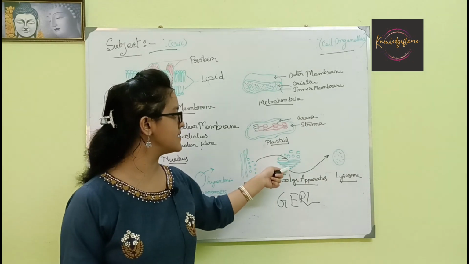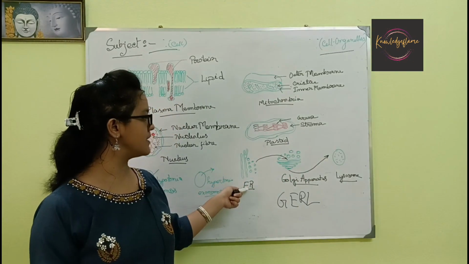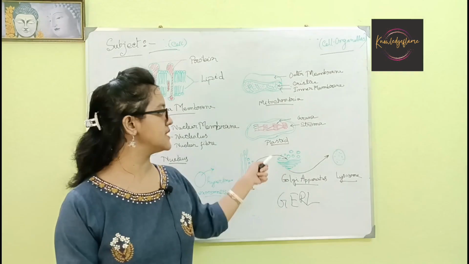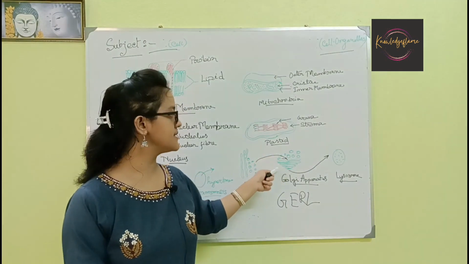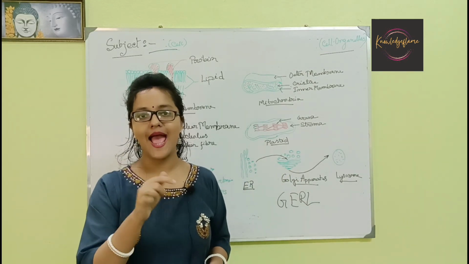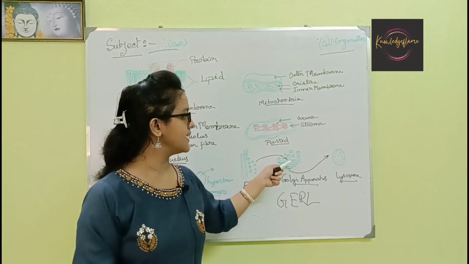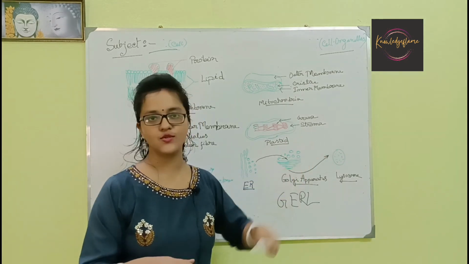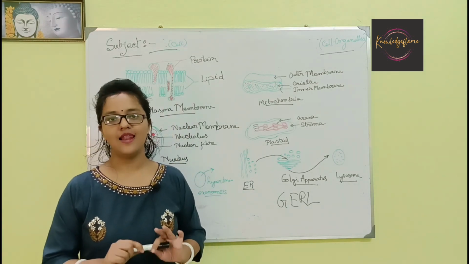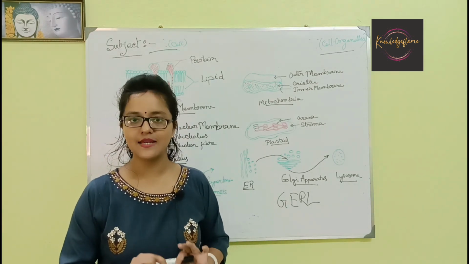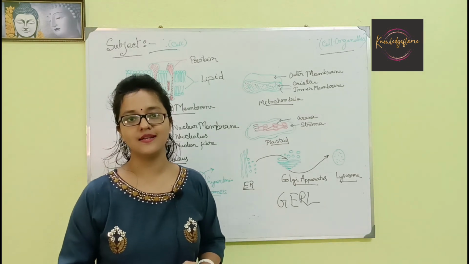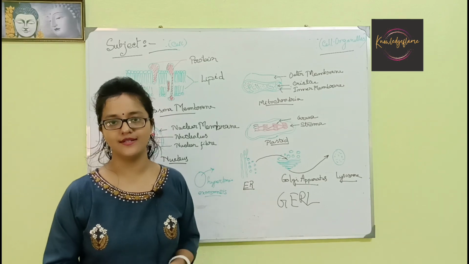Cisternae has cis face and trans face, and from endoplasmic reticulum, this vesicle conveys the polypeptide chain to the cis face, and within this cisternae the polypeptide chain modification occurs, and from trans face it is transported to lysosome, and lysosome is the housekeeper of the cell. Lysosome is the suicidal bag in which the residual body waste part is engulfed by the cell organelle.